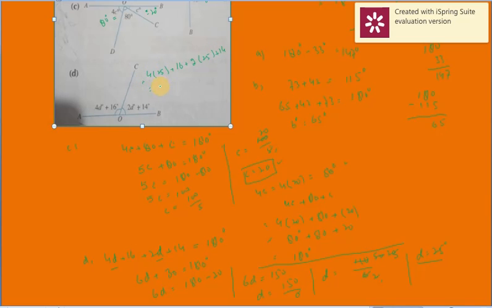So 25 multiplied by 4 is equal to 100 plus 16, and 25 times 2 is 50 plus 14. So 116 plus 64 is 180 degrees. So it is proved that D is equal to 25 degrees.